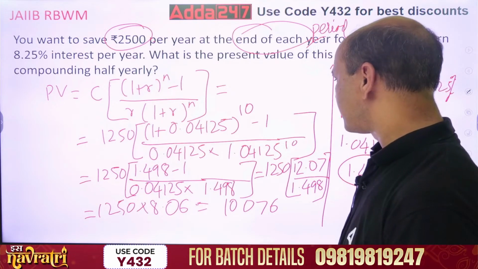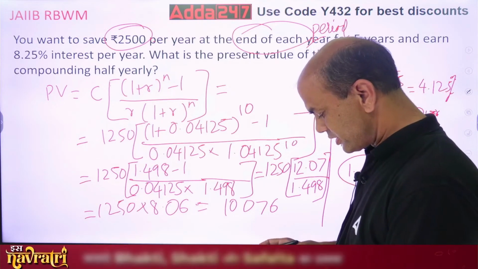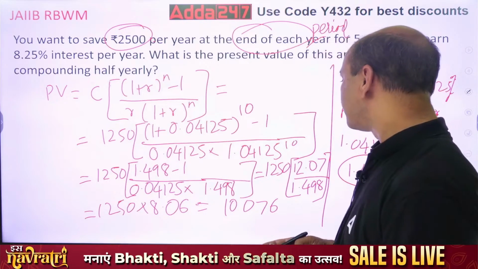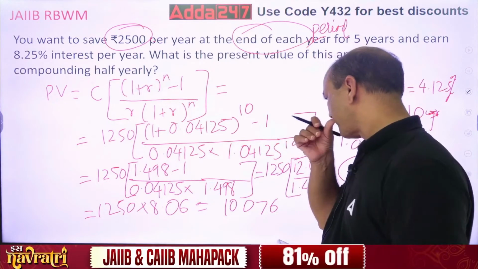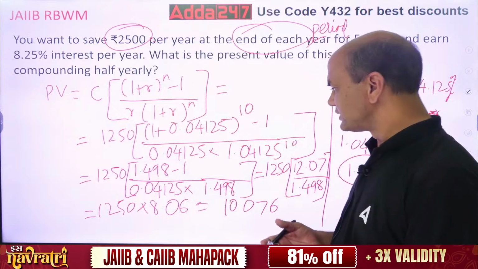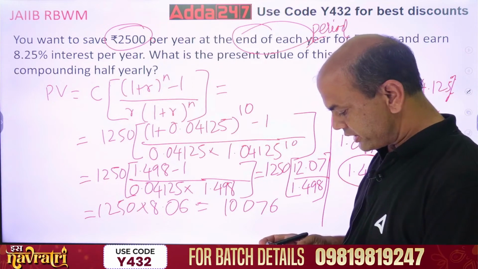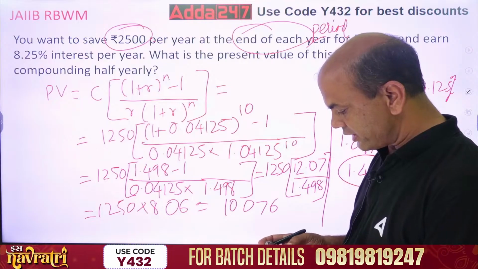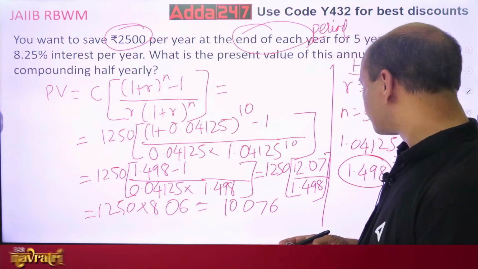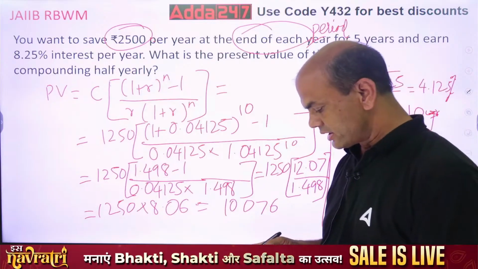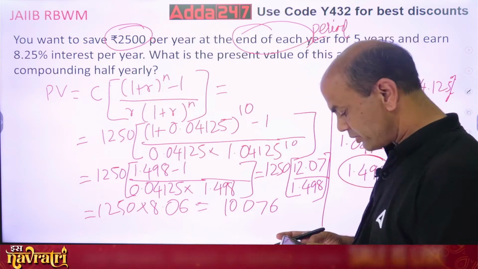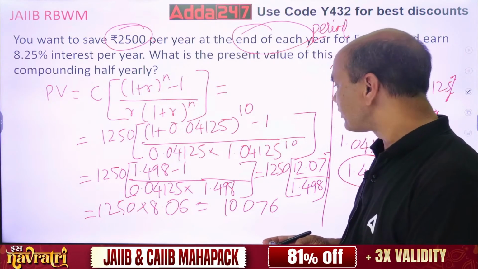1.498, correct. Minus 1, so that is 0.498. That is also correct. Divided by 0.04125, so 12.07, that is also correct. Divided by 1.498.